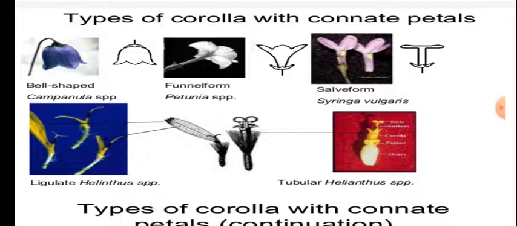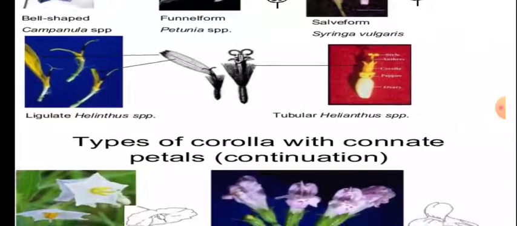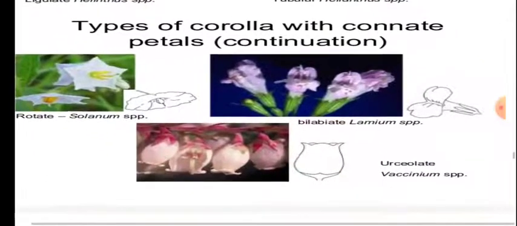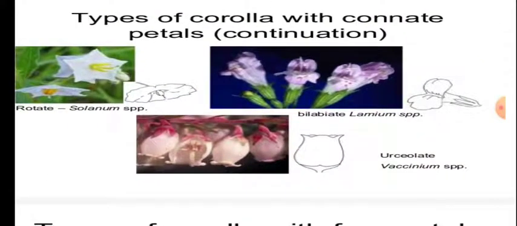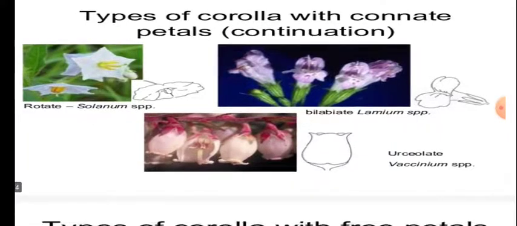And tubular is generally seen in the corolla of Helianthus. In sunflower two florets are there, ray florets and disc florets. So the corolla is specific. Among connate petals, a good example is the bilabiate condition; you see the diagrammatic condition. Then Solanum shows the rotate type.